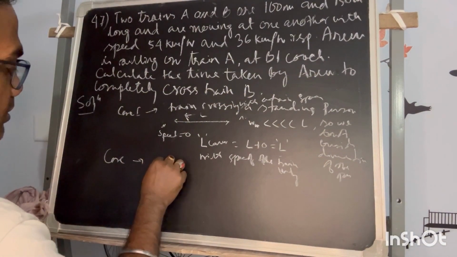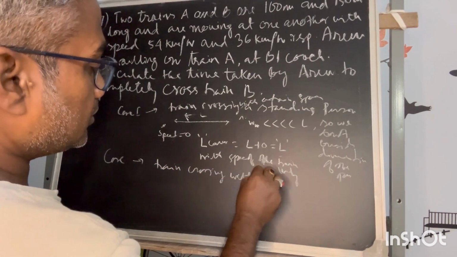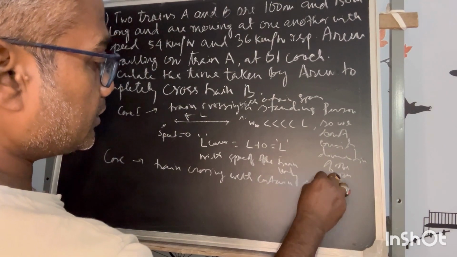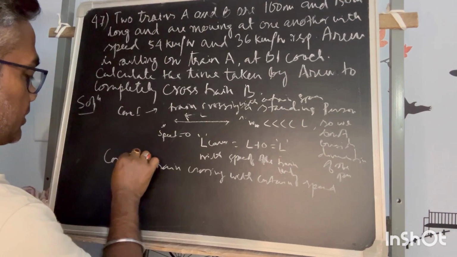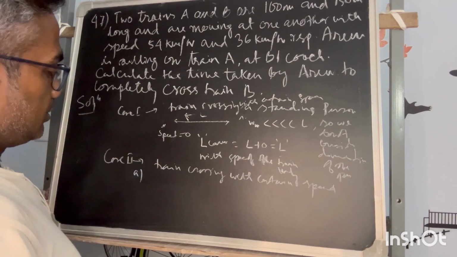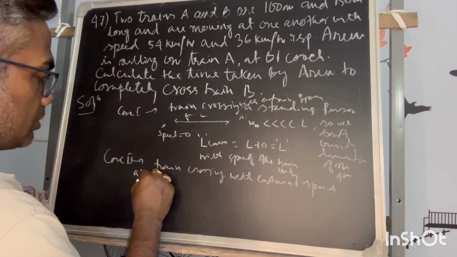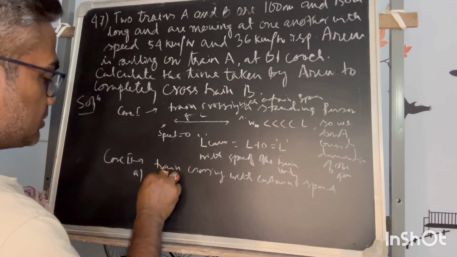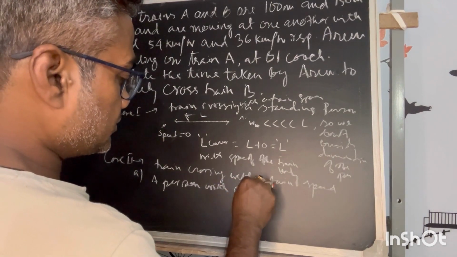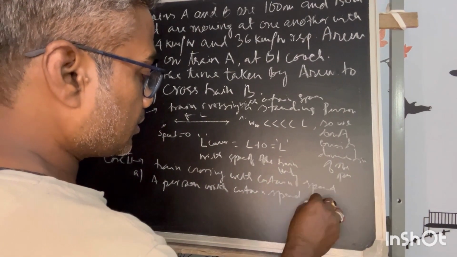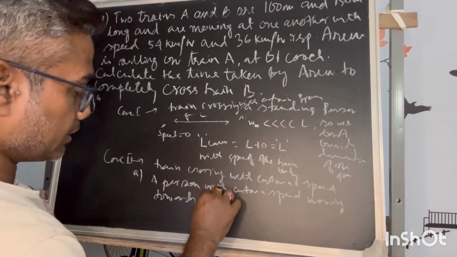Case 2, train crossing with certain speed. There could be two cases. Case 2A: train crossing with a certain speed a person moving with certain speed towards the train.